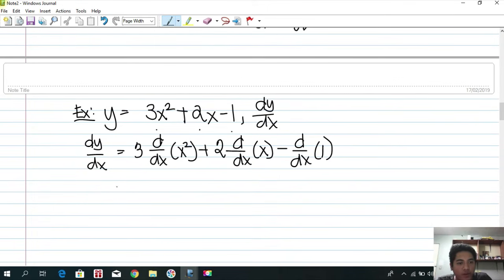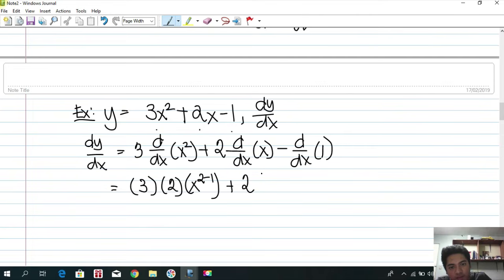So we're going to get that 3, and by power rule, this is times 2 times x raised to 2 minus 1, and plus 2, that is times 1 because the exponent of this x is 1. So, times x raised to 1 minus 1, minus the derivative of a constant is again 0.